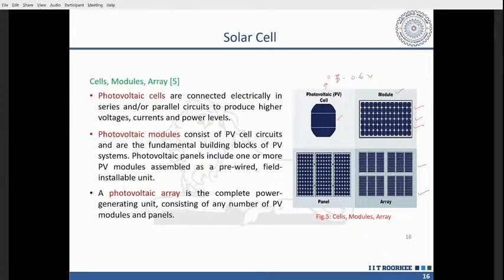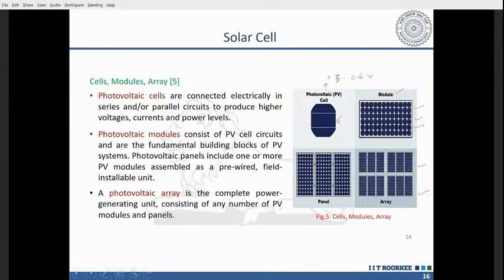Photo means sunlight energy, connected with electricity. Voltaic relates to the PN junction and depletion region, due to which a barrier is created. So due to light incidence we are creating a barrier voltage, and that voltage is known as photovoltaic. So the single photovoltaic cell voltage generation capacity is 0.3 to 0.6 volt, more or less 0.5 volt DC. It is DC voltage, not AC voltage.